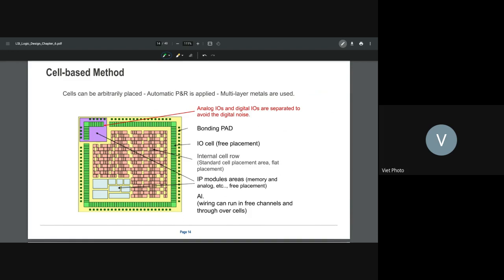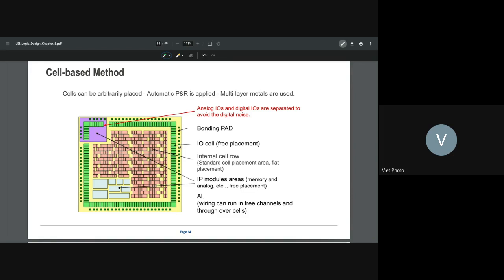This picture explains basically what the design or the chip is. I think this is a bonding part. The bonding part here is to connect to the outside. The I/O cell here is placed around, so that from here it will be connected to the bonding part.